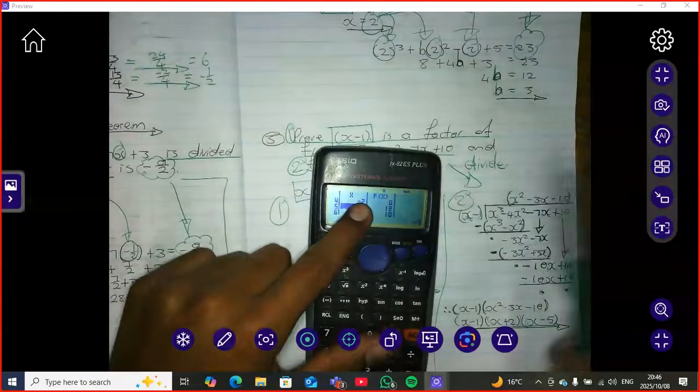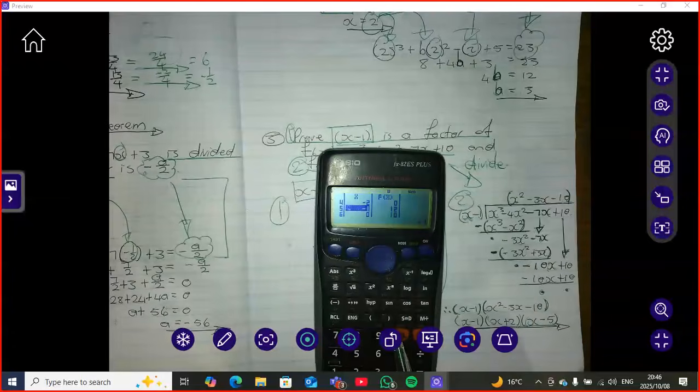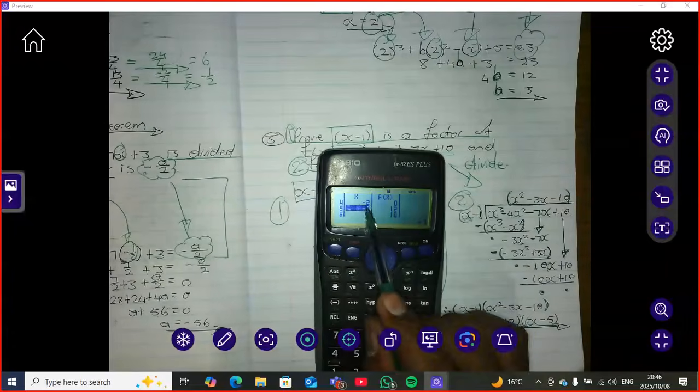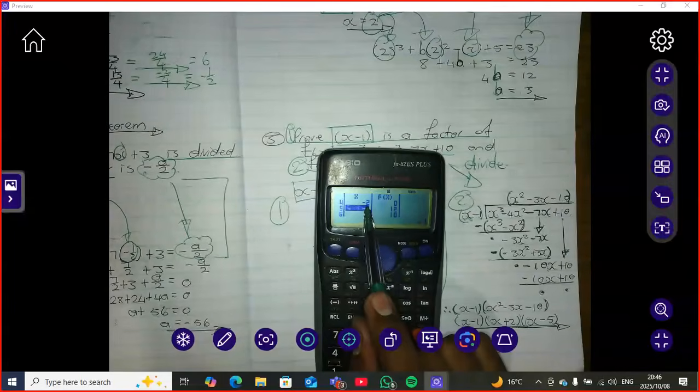So I don't know if you can see here, but f of x, wherever y is 0, the corresponding x value is your factor. So here is negative 2, right? That means x equals negative 2.